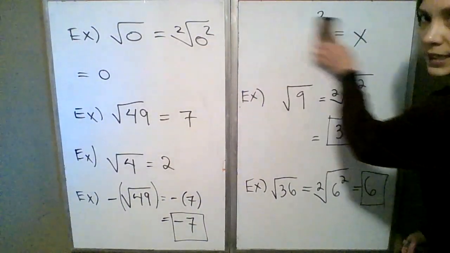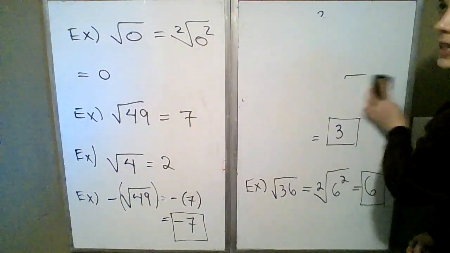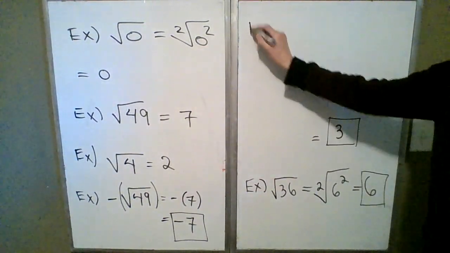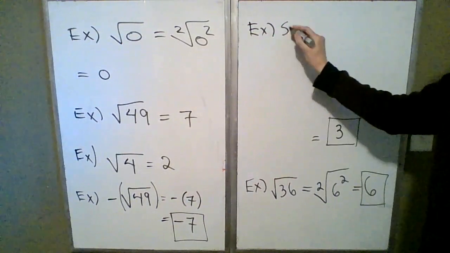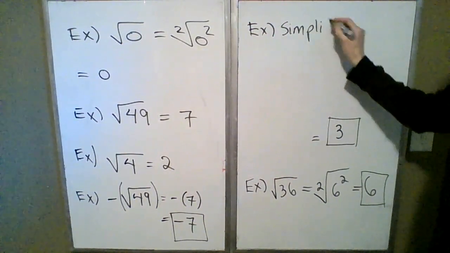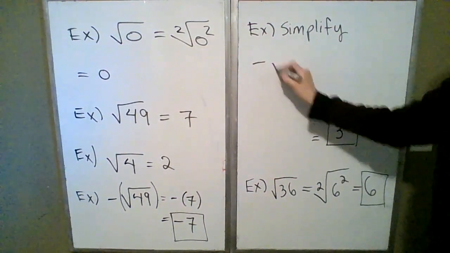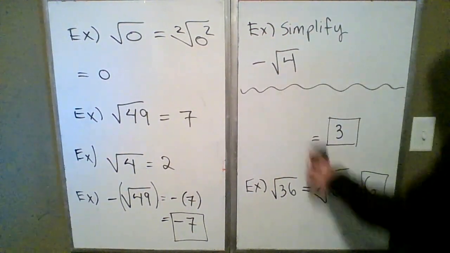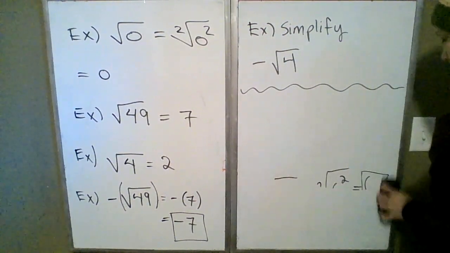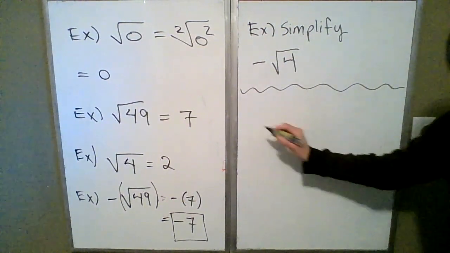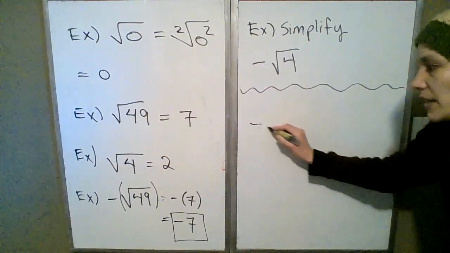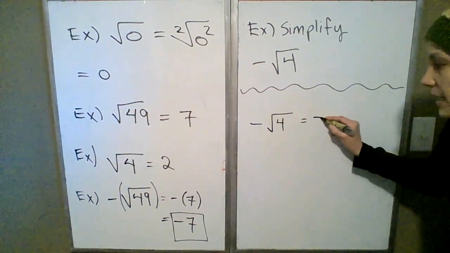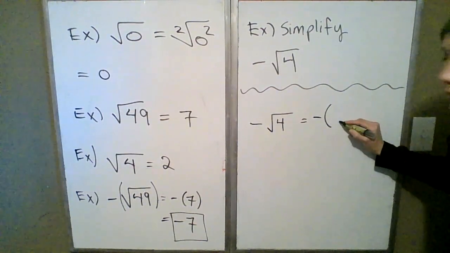Let's do one more like that. So let's look at simplifying negative root 4. So there's a negative out in front of your radical. So I would think of it as a negative and then find the root of 4.